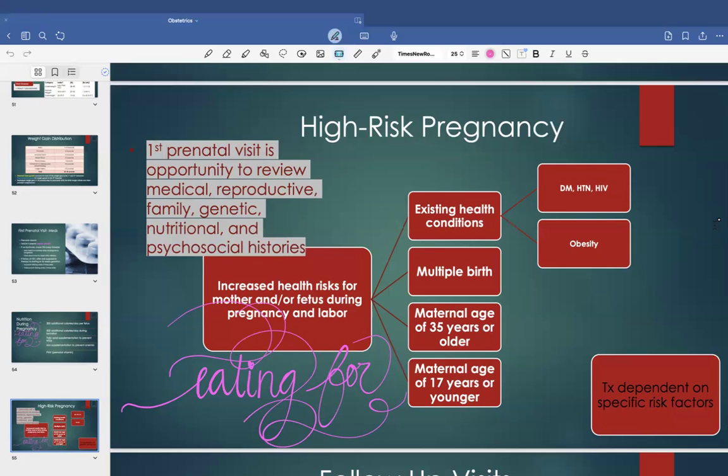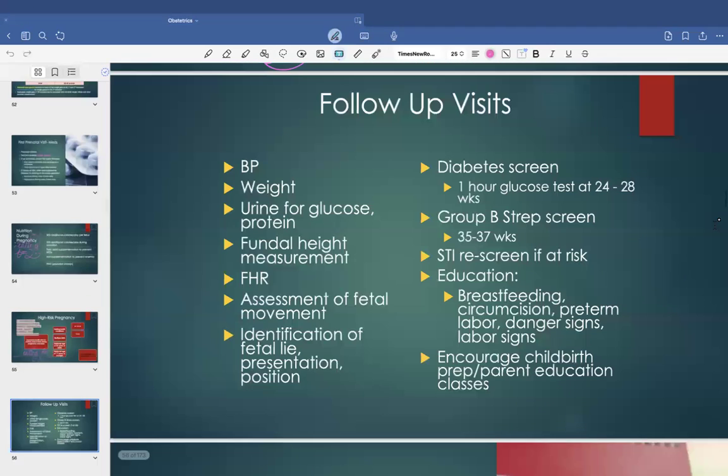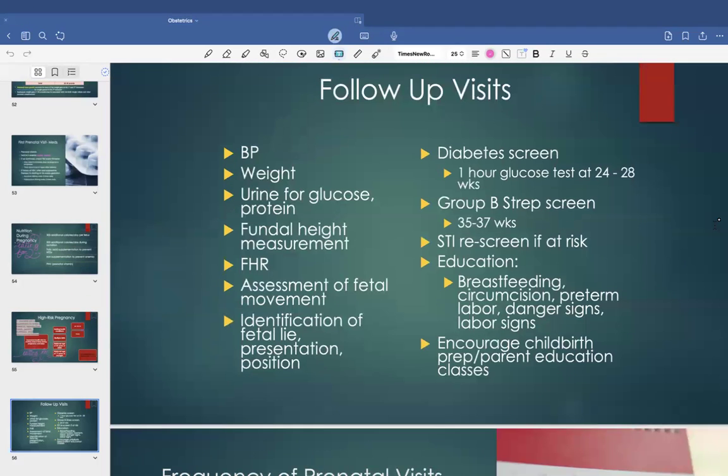So our follow-up visits, we're going to be looking at several things: blood pressure, weight, checking the urine for glucose and protein. We're going to be doing fundal height measurements, which we'll talk about, fetal heart rates, assessments of fetal movement, looking at fetal presentation and position, which we'll talk about, and a diabetes screen. We're going to talk about that in more detail. Group B strep screen at 36 to 37 weeks.